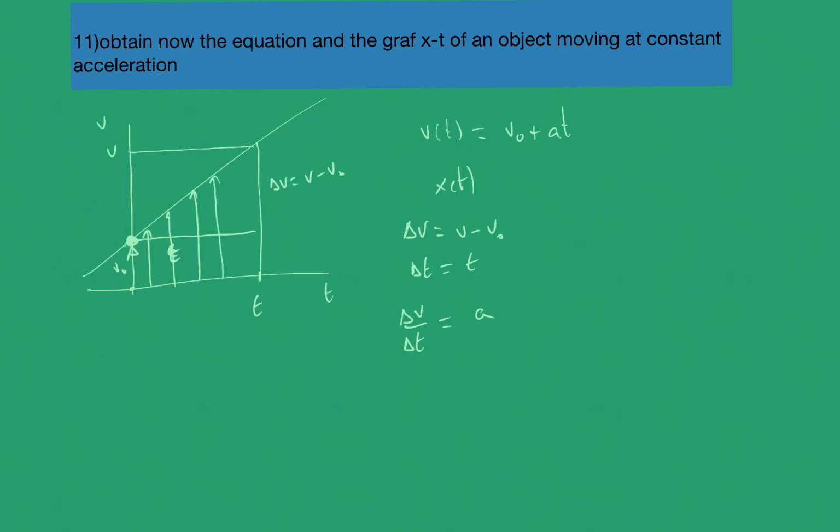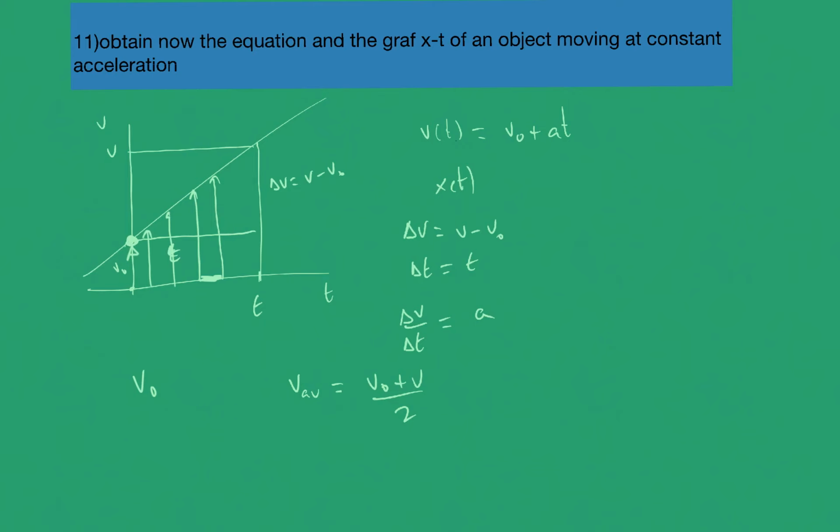The constant rate of increase per unit of time is the acceleration. Okay, what is the average velocity? I don't want to use v0 or v alone. I say that the average velocity, v average, is (v0 plus v) divided by 2.